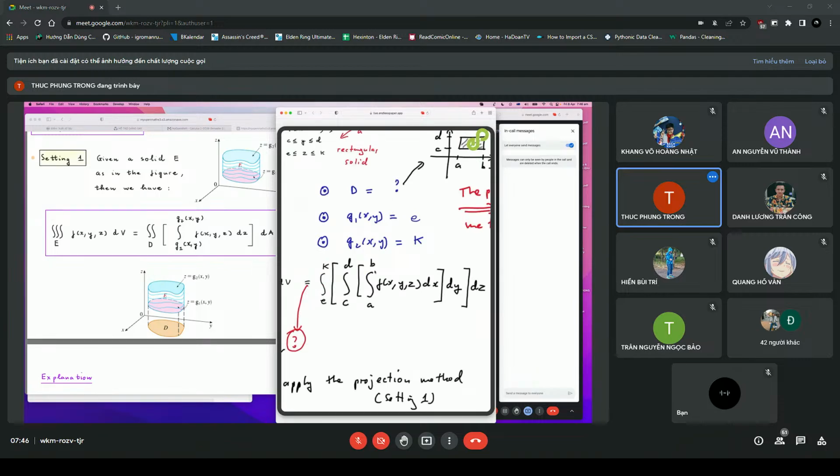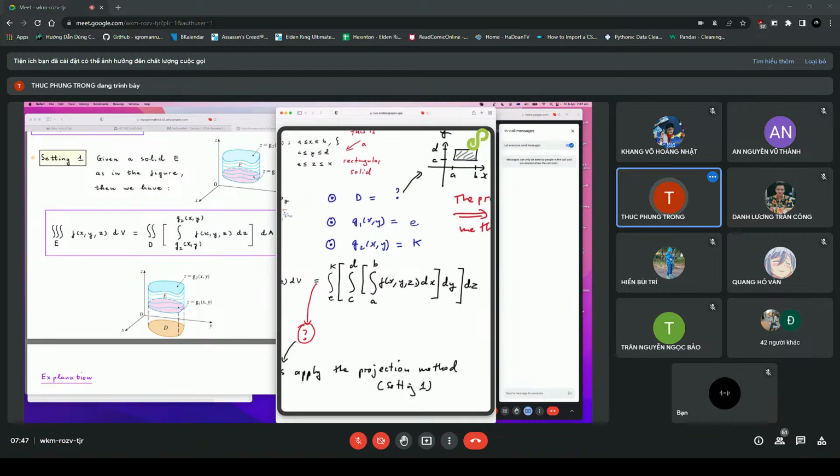So let me try to rewrite this. This is still correct, but let me discuss this later. But at the moment, I think I should write the z inside. So let me erase this one and rewrite it. But I would like to say this is still all right, no problem. But let me discuss this later.